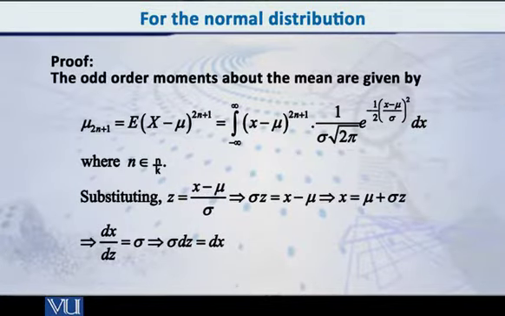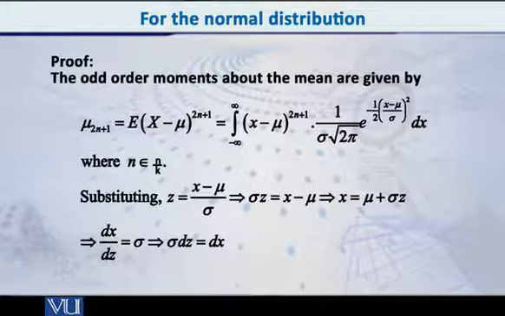अब ये जो मैंने थ्योरम आपके सामने रखा है, let us try to prove it step by step. Let's begin with the odd order moments. By definition, the odd order moments can be written as follows. Mu 2n plus 1. अब अभी मैं explain करूंगी कि why have I taken this subscript as 2n plus 1.